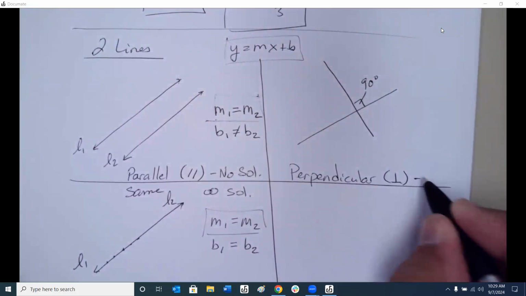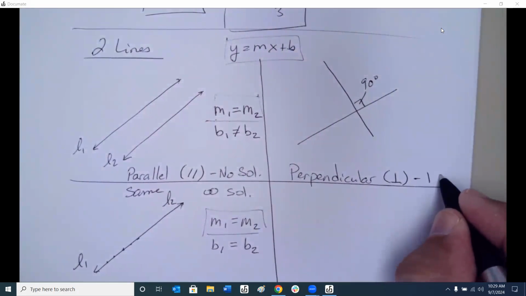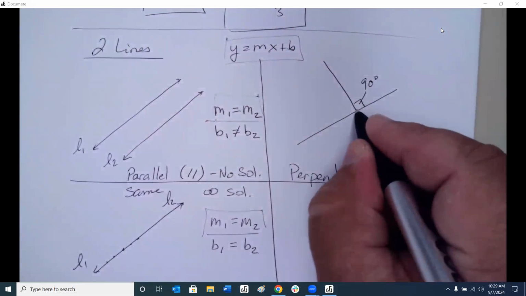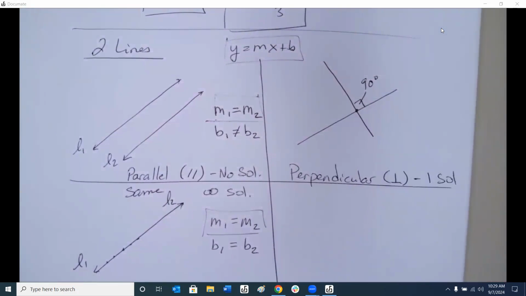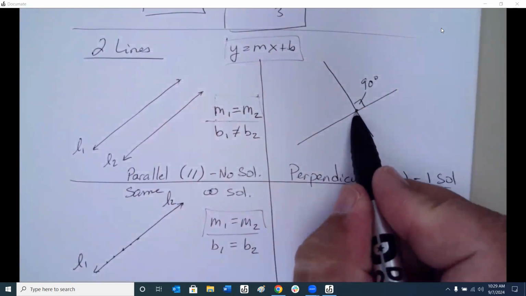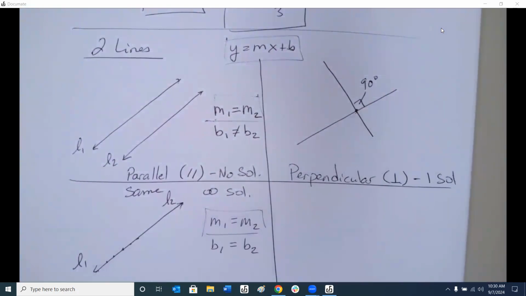How many solutions there? One solution, because they cross at one point. But the problem here is we can't use the y-intercept as a condition because they can cross on the y-axis.